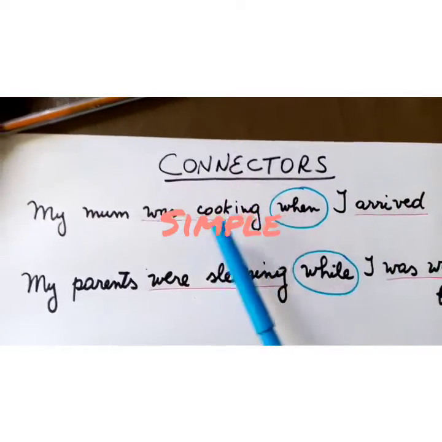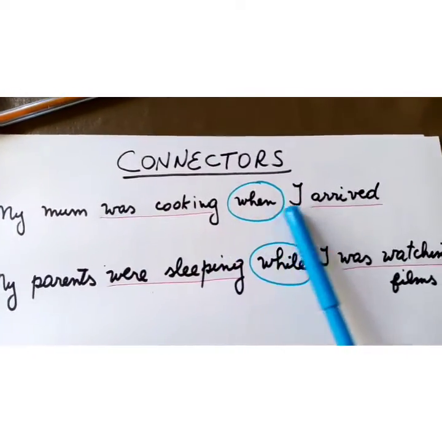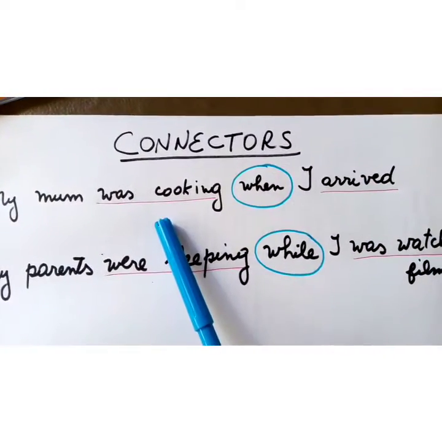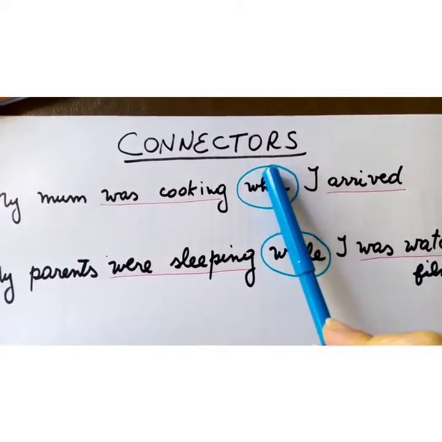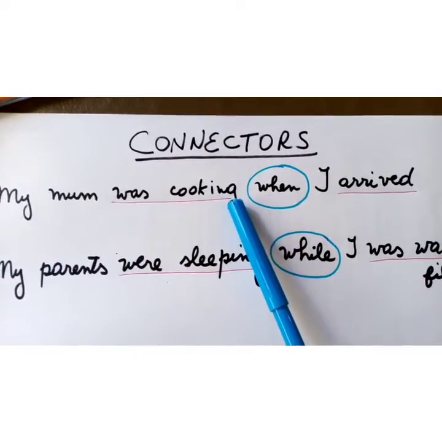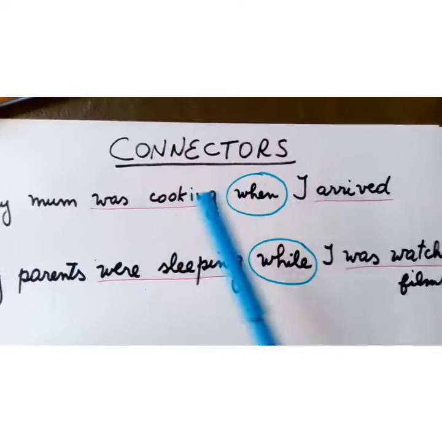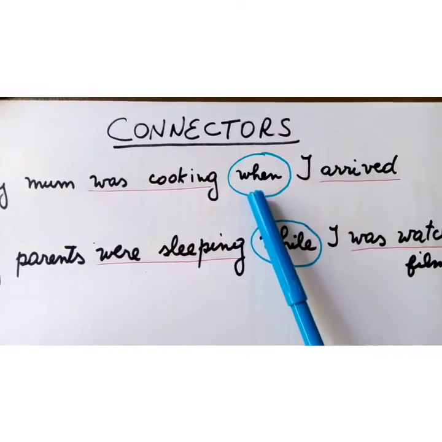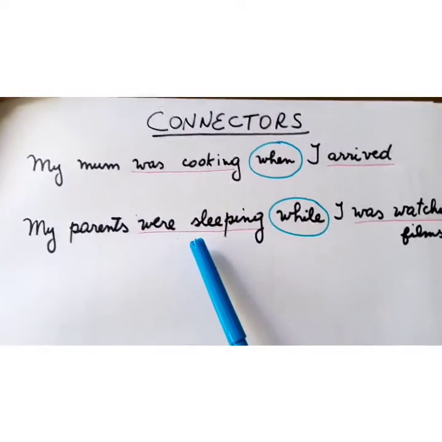Well, we have two actions in only one sentence, and the two actions are connected with when. And we have a long action and a short action. Past continuous, simple past. Connected with when.